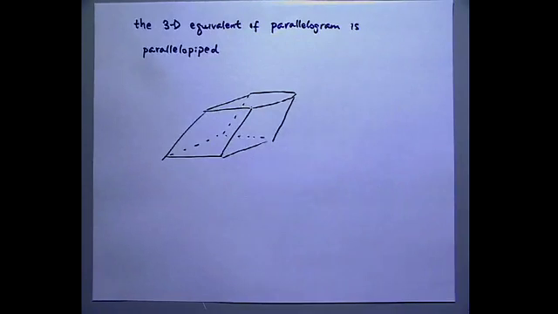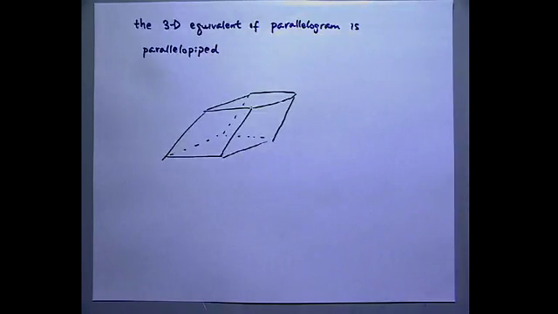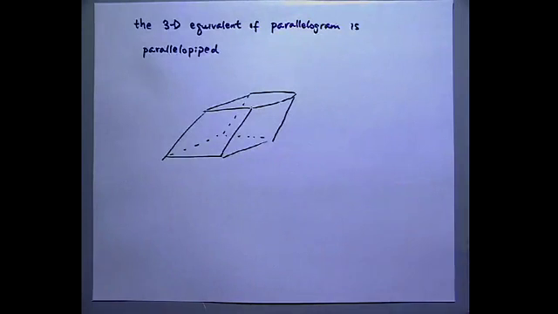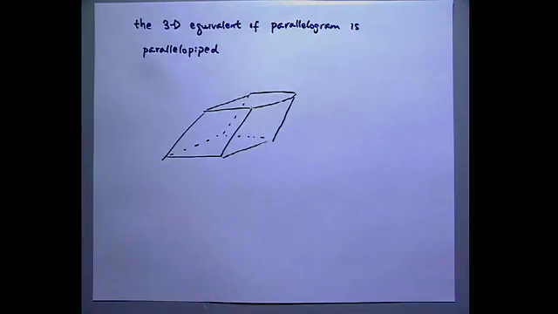So this is a three-dimensional shape where every single face is a parallelogram. So think of this as a rectangular box, but then you deform it, give it a little bit of slope on each side.